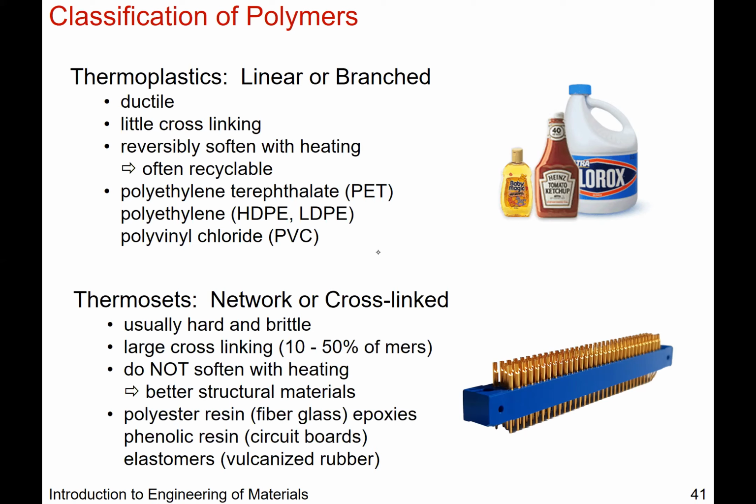Right? Then you have thermosets, which is on the other end of the chemistry of polymers, in which there's more cross-linking and there's more network type structures. And because of this, they're typically more hard and brittle. So the network structure allows them to have a higher yield strength, but to manipulate that and to get the chains to move past each other is quite difficult once they're cross-linked and networked quite a bit.